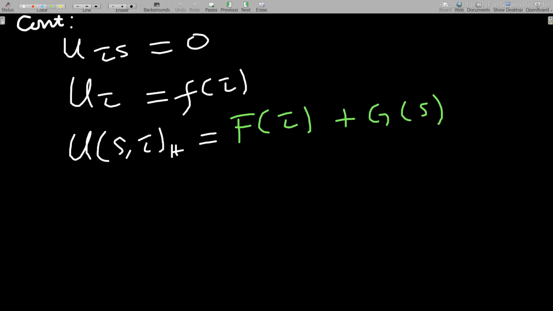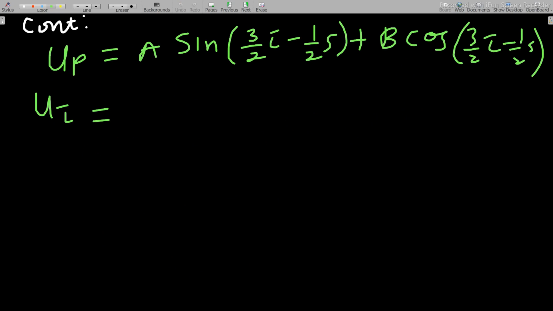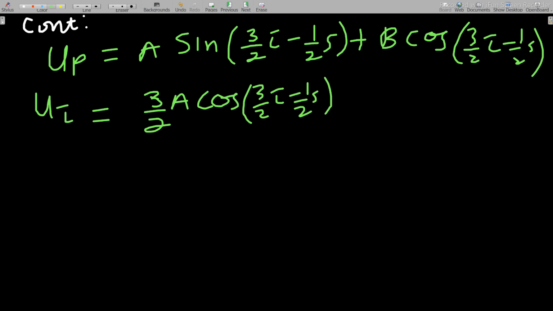Okay, you're supposed to find this one, u tau s, and put it back and find our coefficients. Okay, so u tau will be equal to, differentiating the whole of this with respect to tau. First you differentiate the bracket, you get 3 over 2. So I have 3 over 2, then times a, since a is a constant, then differentiate sine, you get cos of whatever that is in the bracket there, 3 over 2 tau minus 1 over 2s.